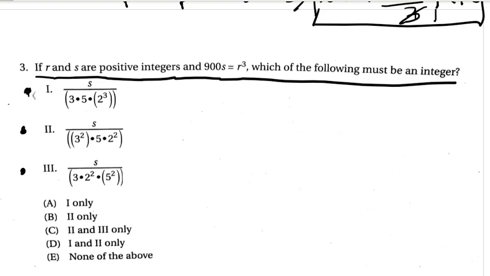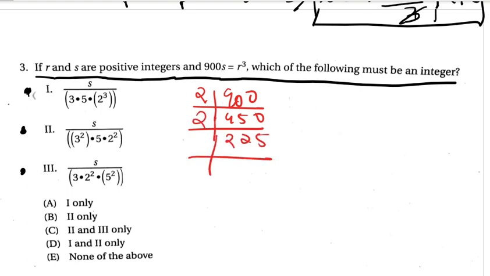So let us check. Let's basically do the prime factorization of 900. That is 450. Now 450 you have to divide by 2, that is going to give you 225. Then again you divide this by 5, and you are going to get 45, of course.